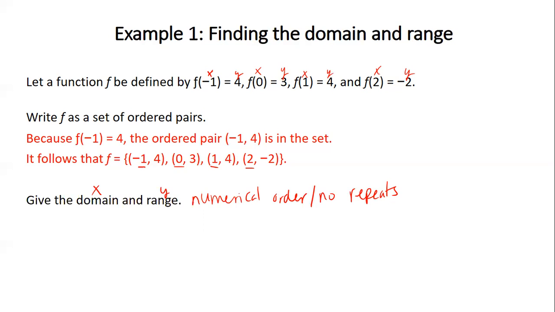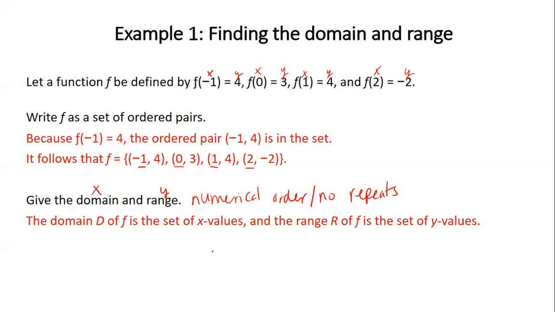Typically, but in some weird cases, it does. I don't know why. So here the domain is going to be all of my x values and the range is going to be all of my y values. So here's my set. Notice my domain had no repeating values.